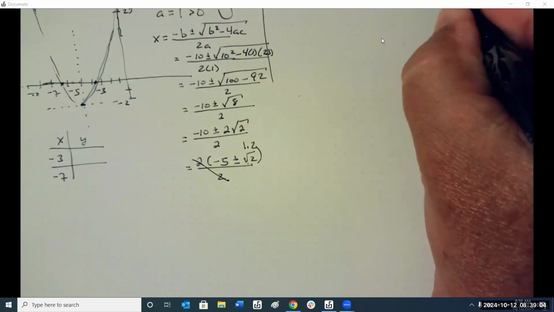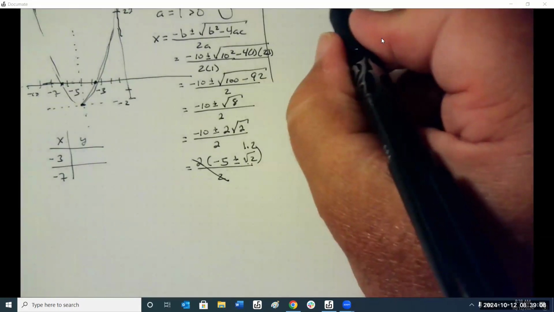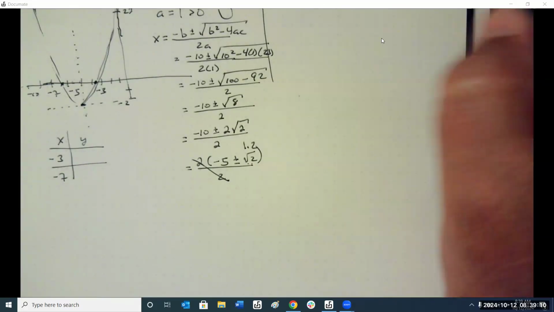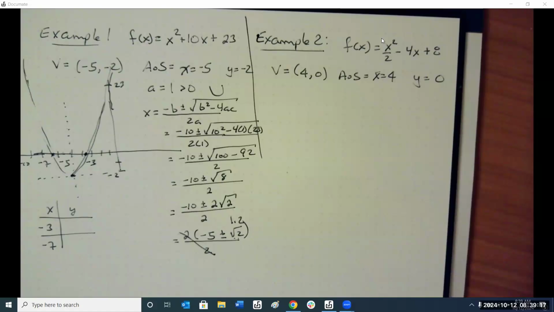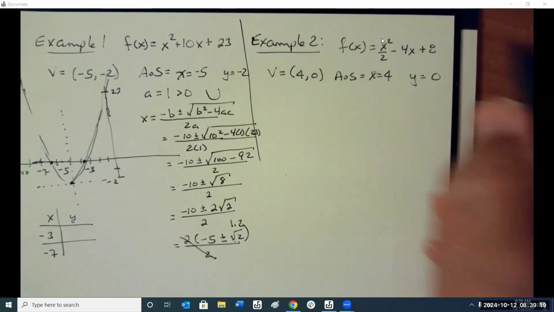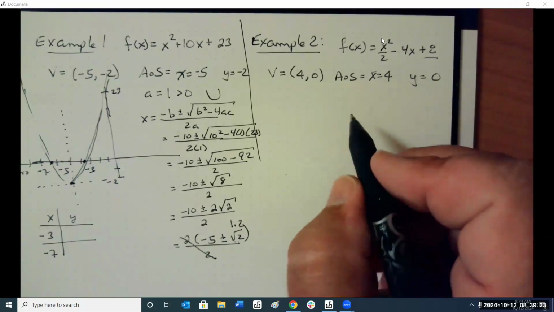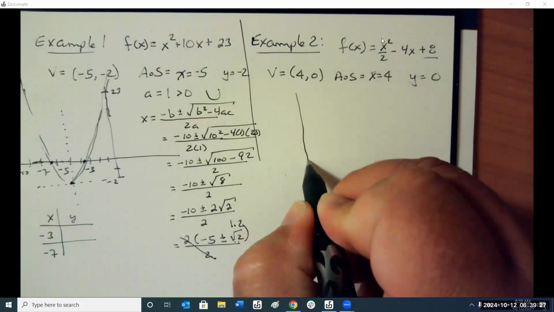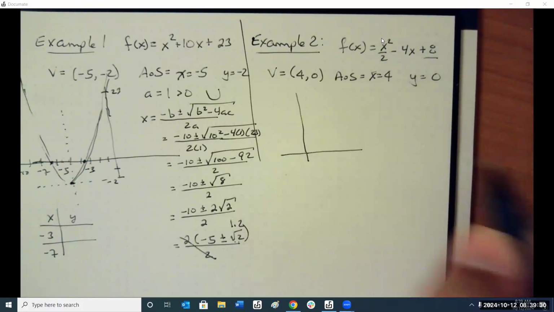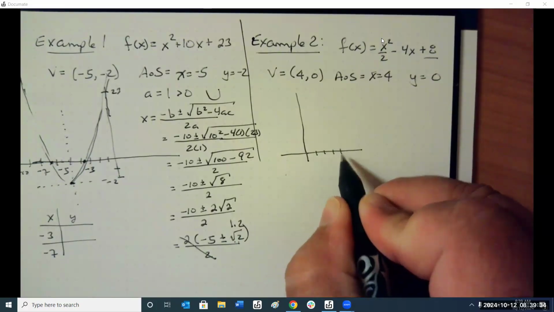The minimum point is 0. Oops, sorry. We also know our y-intercept is 8. So we know that 1, 2, 3, 4.